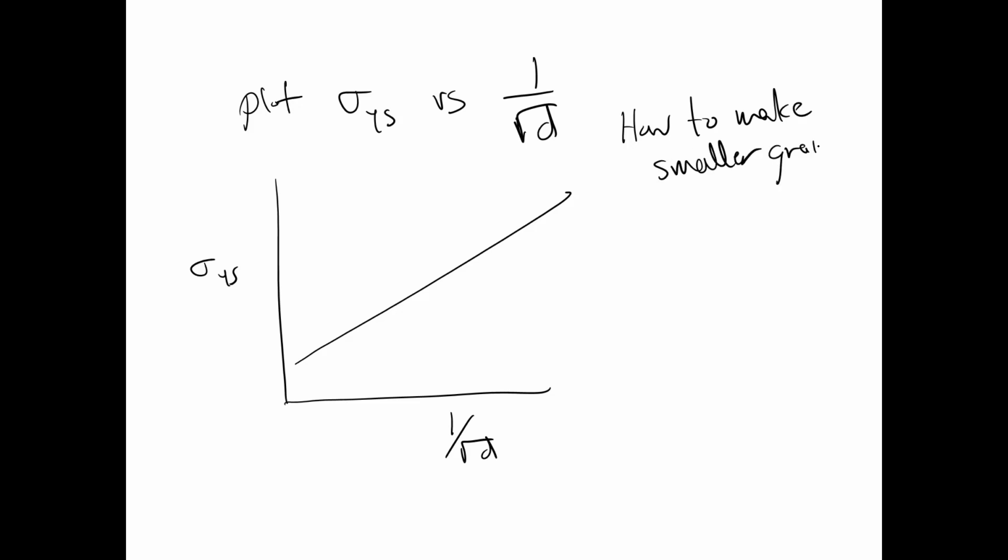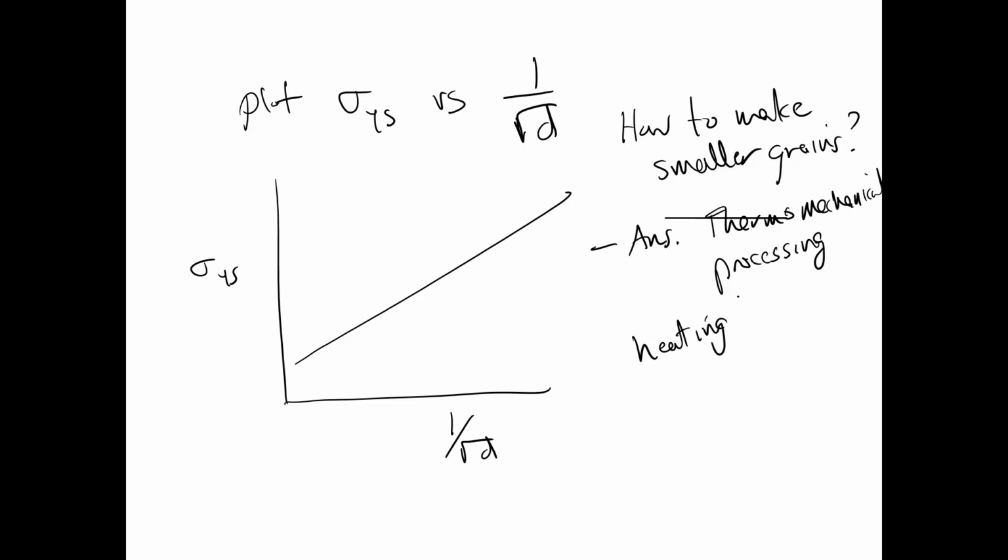We've talked about this before, but I'm just going to review it very quickly. The answer is so-called thermomechanical processing, or heating, in other words, heating plus working the metal. And we're going to talk about working and heating in this chapter.